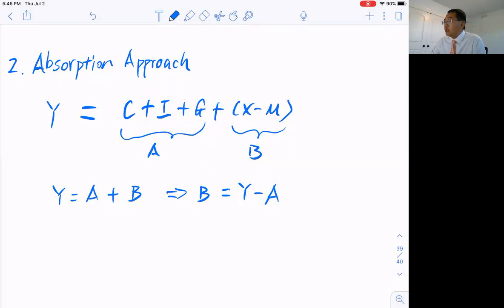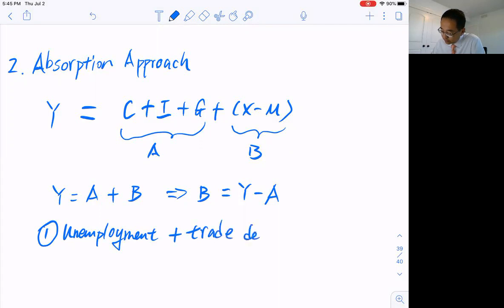Now that turns out to depend on where we are in terms of our economic condition. So first of all, if we have unemployment, meaning cyclical unemployment, and we have a trade deficit, like our current situation.